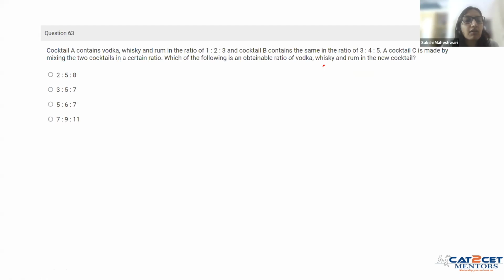Now cocktail A contains vodka, whiskey and rum, and cocktail B contains the same in the ratio of 3:4:5. Let's write it on a common base. So we can write this as 2/12, 4/12, and 6/12, and this is 3/12, 4/12, and 5/12.